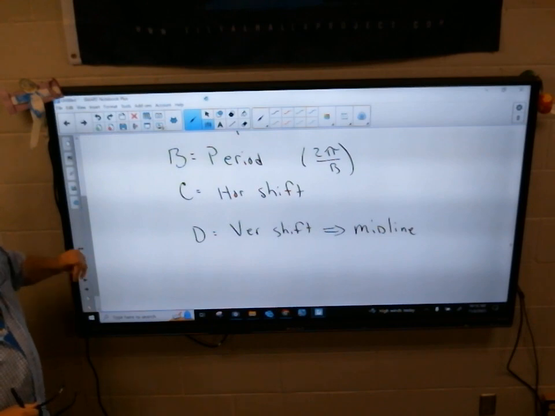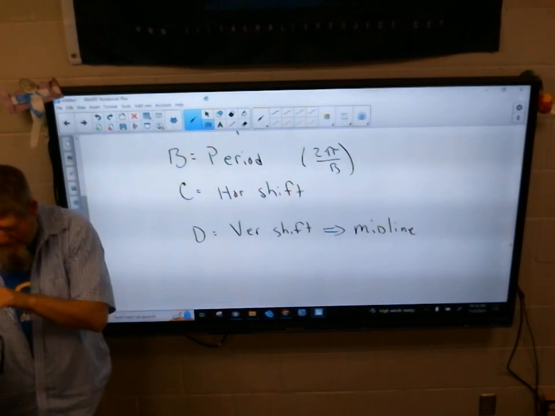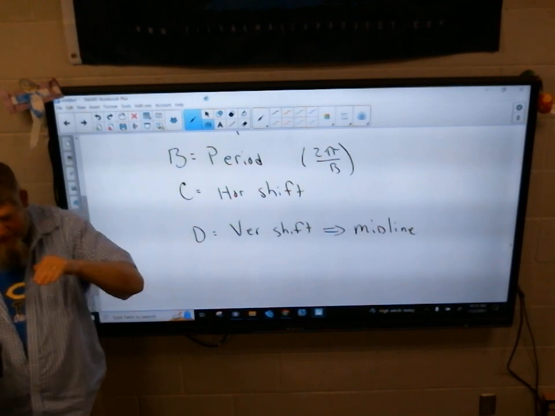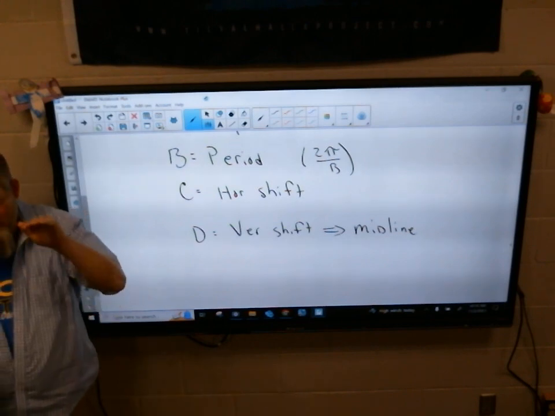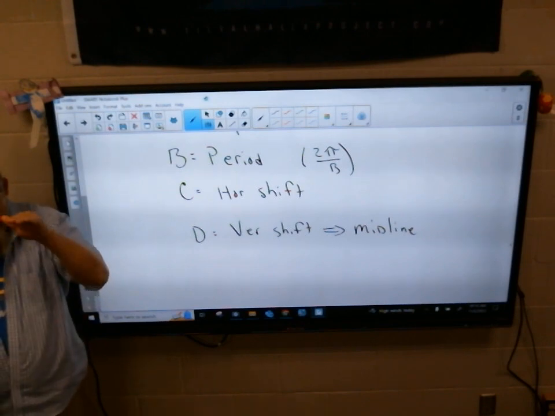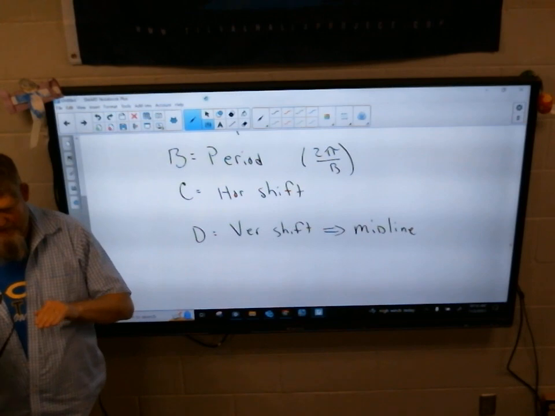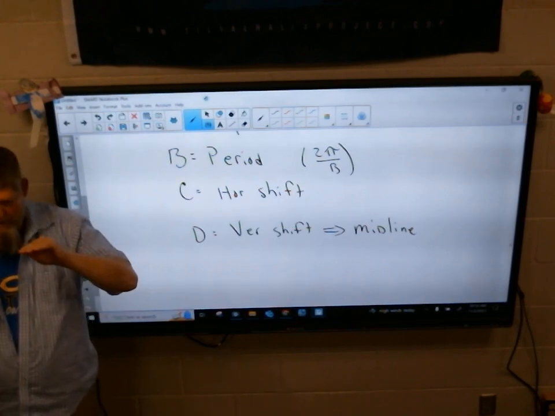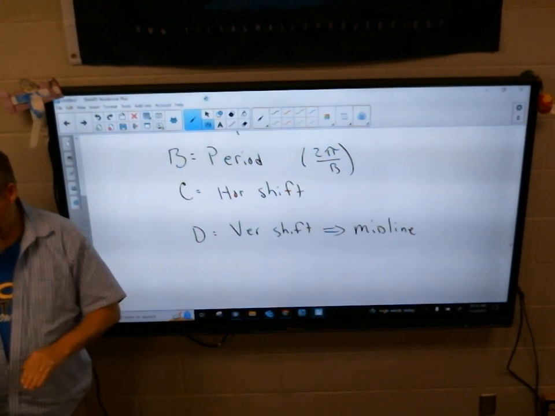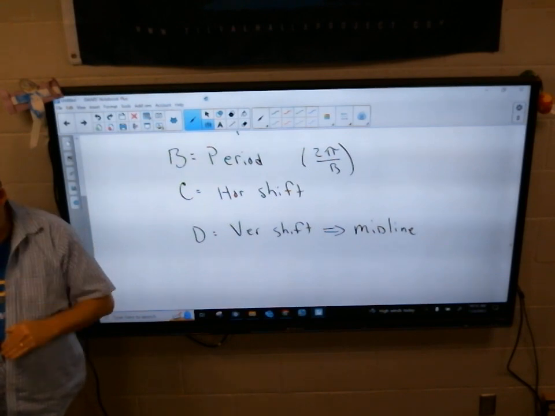It's the midline. So normally in a parent function, it's the x-axis. But I can take that midline and I can move it up 2 or down 5, kind of like we did the vertical or the horizontal asymptotes. We can move the midline to different places. And then that'll just shift everything up or shift everything down. Your amplitude is still how far above and below that midline you are going.